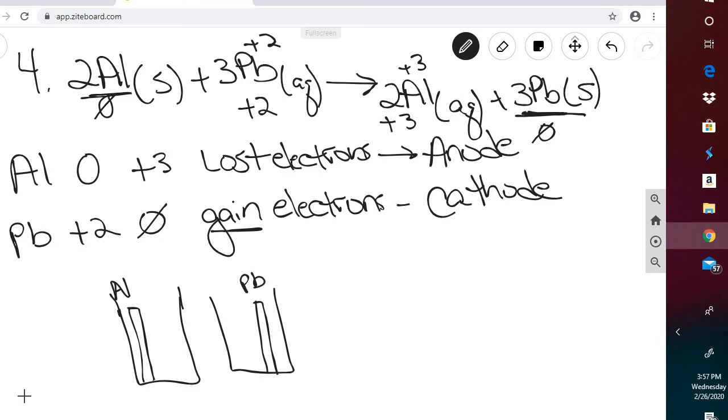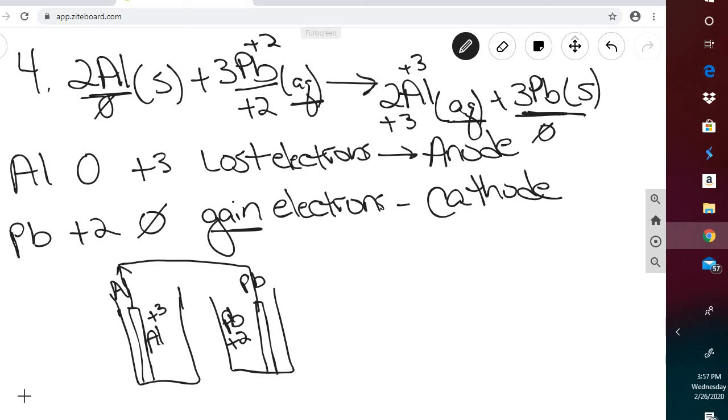And then these other solutions are aqueous, so the substance is dissolved in water. So in this case, we would have the Al +3 in solution, and over here we would have the Pb +2 in solution. And then the electrons are going to flow through the wire.